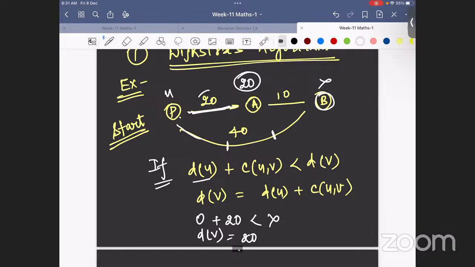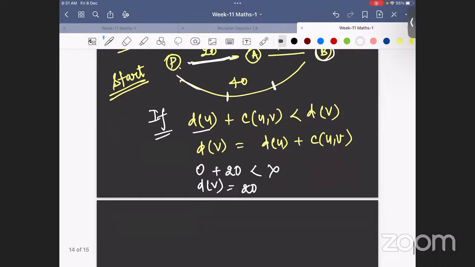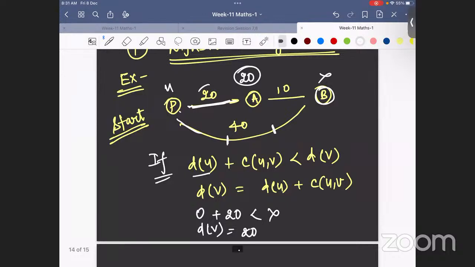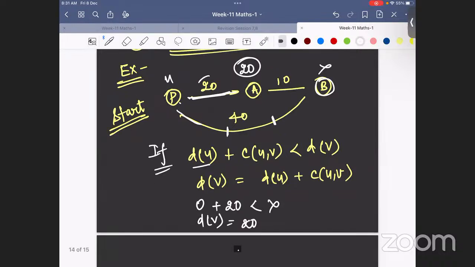Correct? Now again, you can change the du and dv. So now you can think of this as u and this as v.